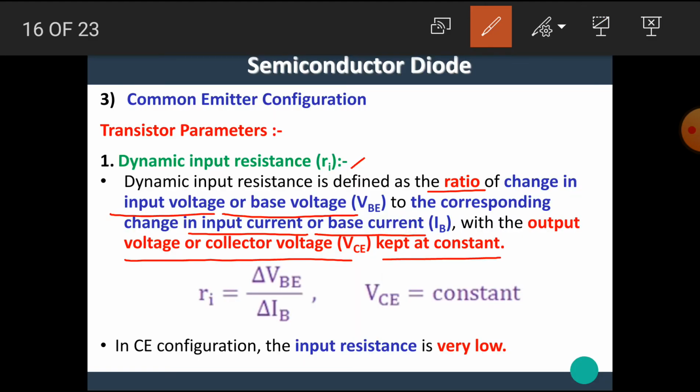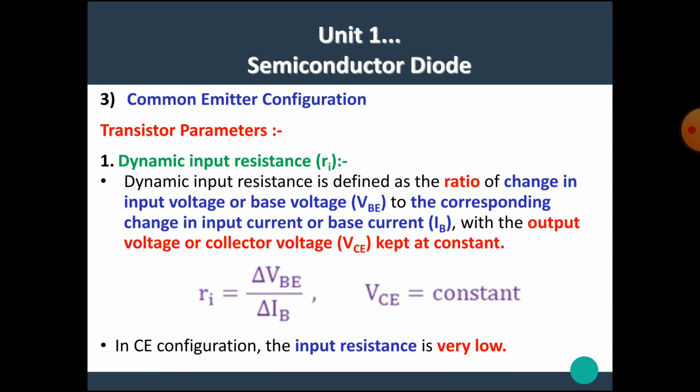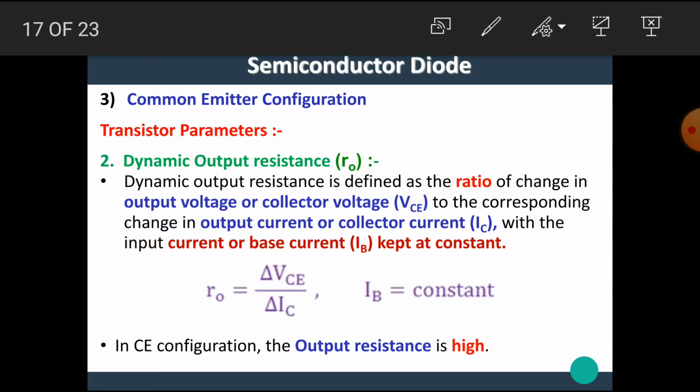The ratio of VBE to the IB at Vc equal to constant is known as the dynamic input resistance. In CE configuration, the input resistance is very low. Similarly, we can calculate the dynamic output resistance.